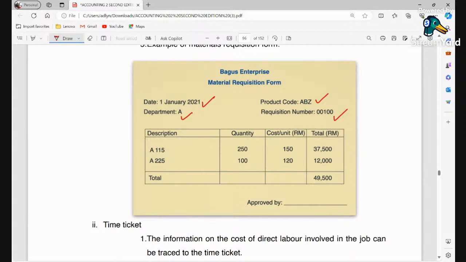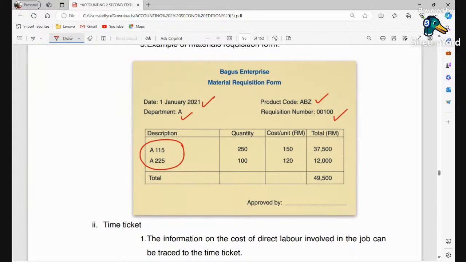Alright, okay, so apa yang dia minta? Normally kadang-kadang memang dia tak mention pun apa sebenarnya direct material tersebut. Tapi dia akan bagi kod lah. So hanya storekeeper atau orang-orang yang menguruskan inventory saja are very well versed with the coding. Alright, so dia akan tengok lah, oh A015 dia nak 250 unit. Okay, A025 dia nak 100 unit.